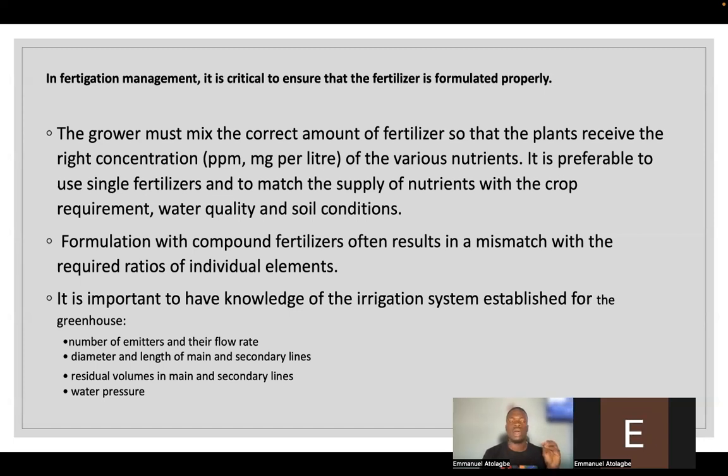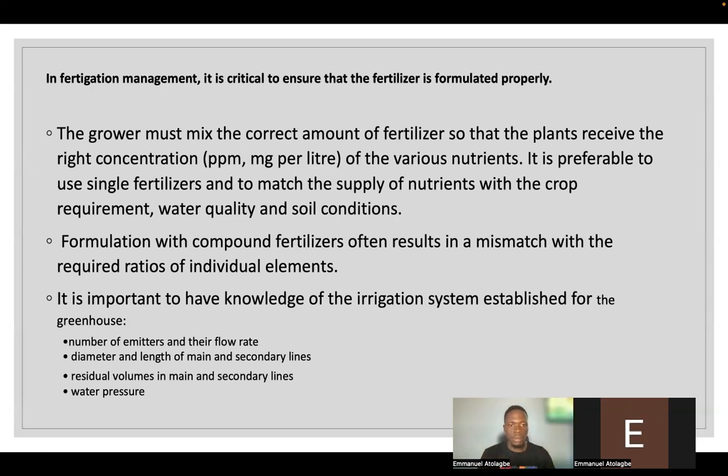Reason being, you don't want toxicities and you don't want deficiencies. And I gave a range. Say, for instance, you are doing lettuce. There's a range your nitrogen must fall into, a range your phosphorus must fall into, and a range your potassium must fall into to have a healthy plant. Overnutrition and undernutrition have a detrimental effect on these plants.